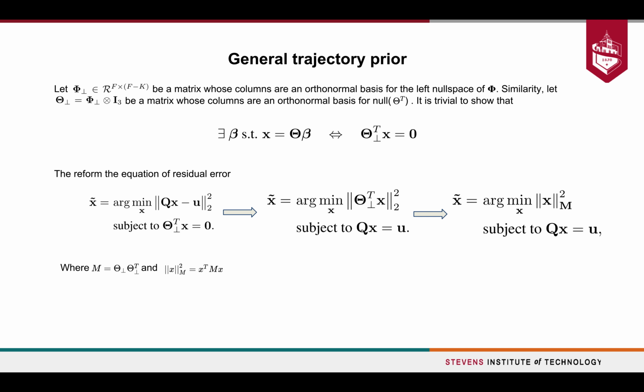Finally, they reformed the equation into a quadratic form of X, where M is the null space of the trajectory basis, transposed.